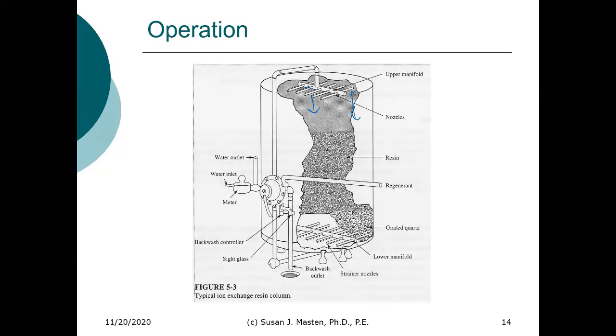When you're backwashing, you're doing the opposite. So we backwash, regenerate, the water flows from the bottom, you fluidize the bed, flows out the top, and that would go to a waste stream, typically the sewer.